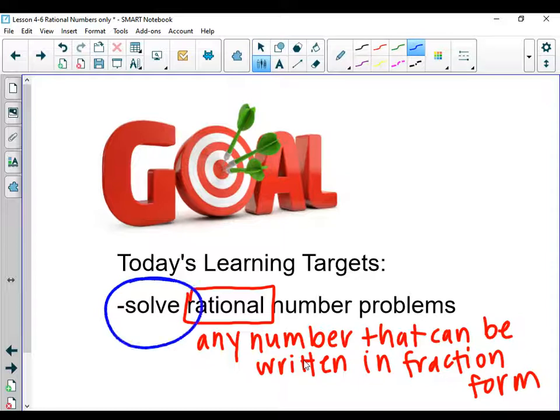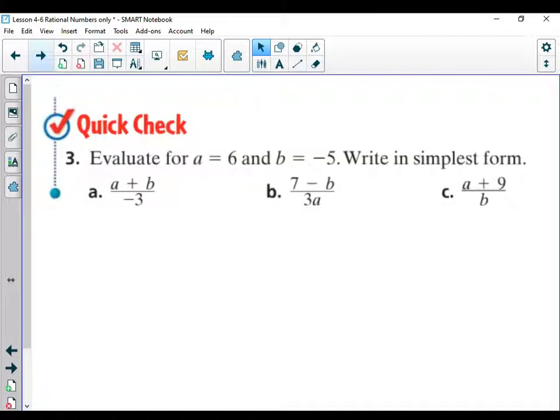Today, we are going to solve them. If you don't have your notes out, it would be a really good time to pause and find them. Basically, these problems are fractions that need simplifying or solving or both of those things.